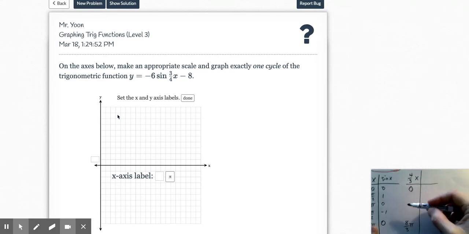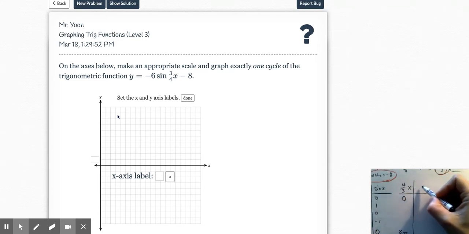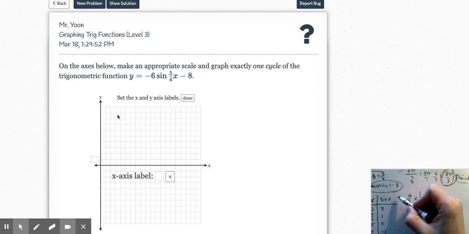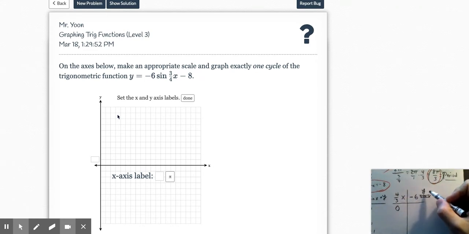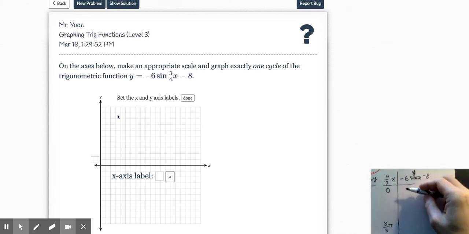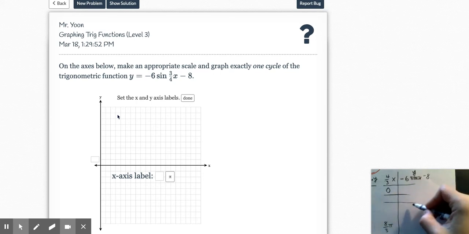And then the y value is going to be affected by what we saw in the formula, -6 sine x. Oh, I'm sorry, -6 of y, where this was the y value, negative 6y minus 8. And that tells us where we are in terms of the vertical part of each key point.